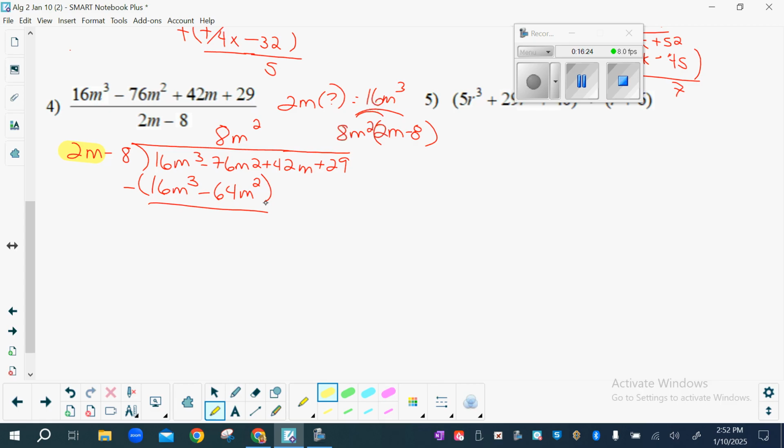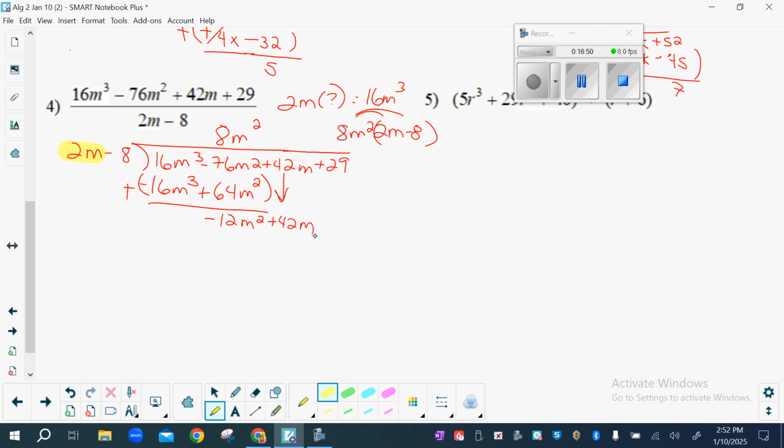Okay, so now remember we need to do what with that minus? Distribute it. So change our signs. This becomes negative, this becomes positive, add them. And then what do we get when we add? Negative 12m squared. Oh, sorry, bring down the 42m.